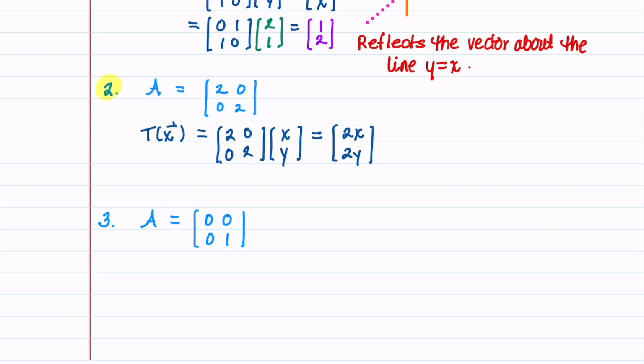Since we have a 2 common to both components, we can pull the 2 out and write this as 2 times vector xy. This transformation scales every vector by a factor of 2.